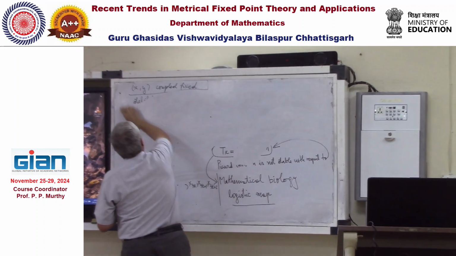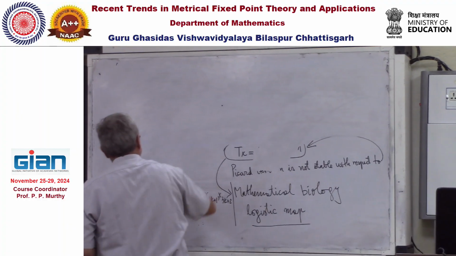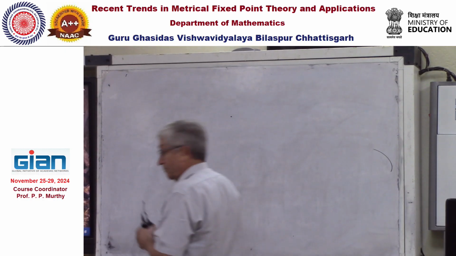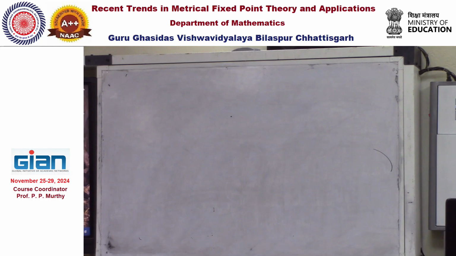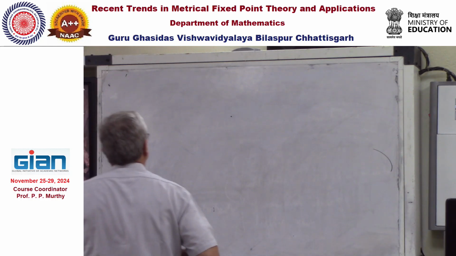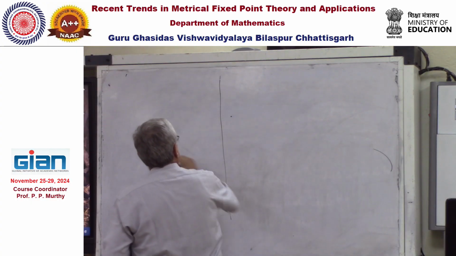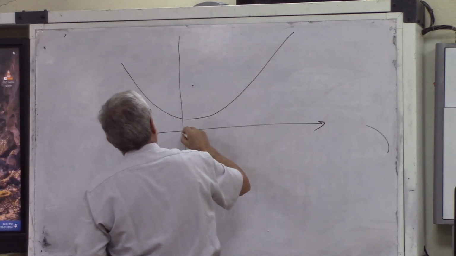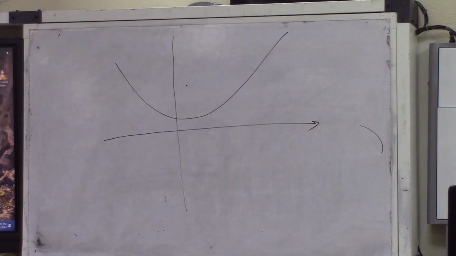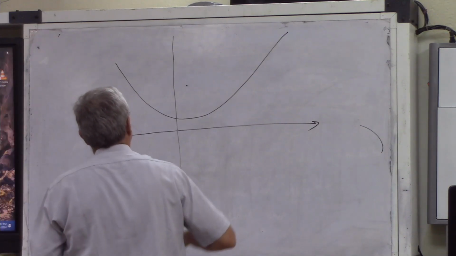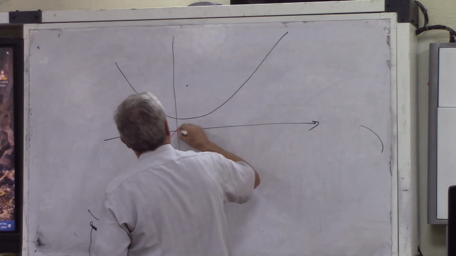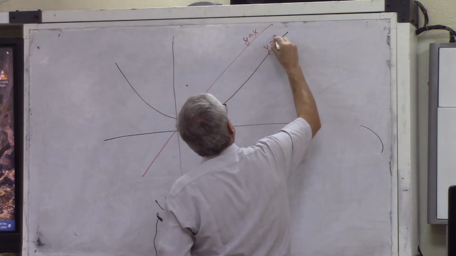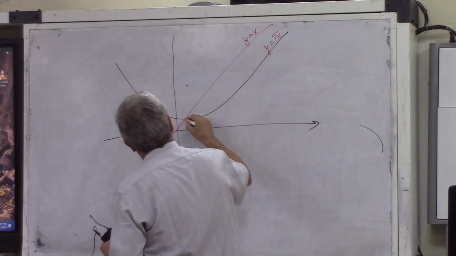So let's see what's happening with these schemes with t to the power 3. This is the question: what will happen on the graph? Let's have this graph. This will be the first bisector, y equals x, and this is the fixed point.